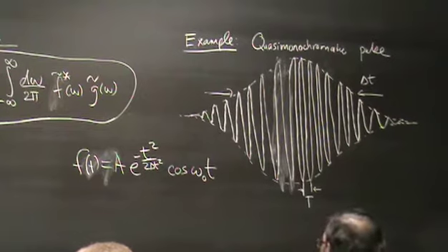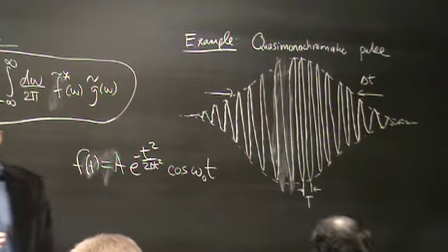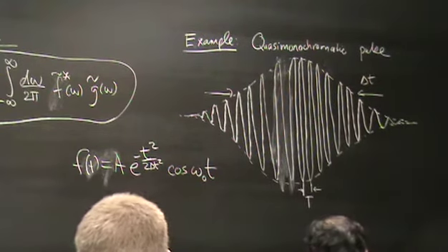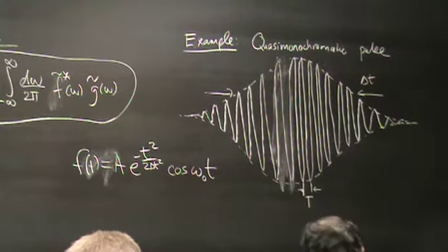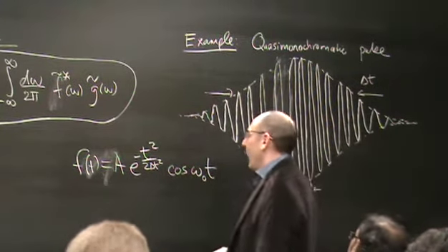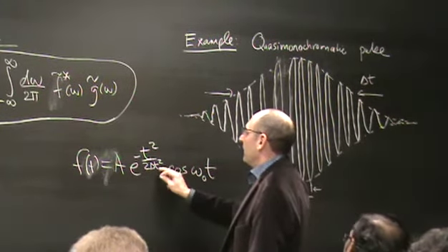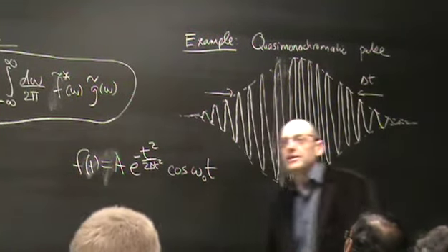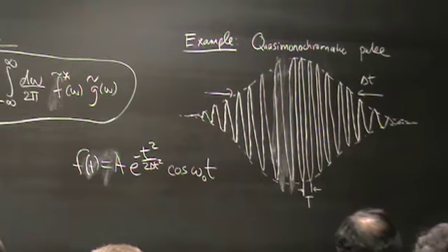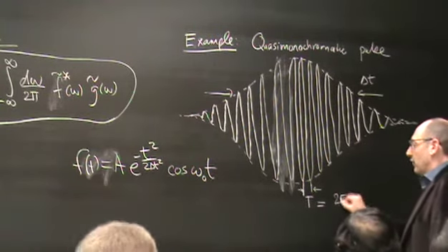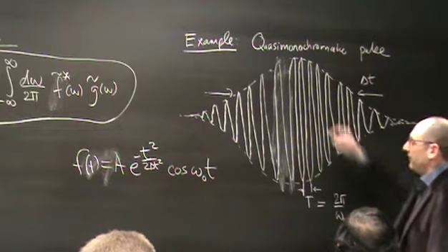Okay? So this is like amplitude modulation. I don't know if you guys are too young to remember AM radio, but AM stands for amplitude modulation. And I'm looking at the case where this is a Gaussian modulation. Okay? So t here is 2 pi over omega naught. That's the period of this.